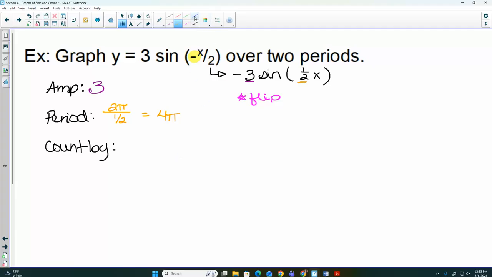That means when I go from 0 to 4 pi, I will have one complete cycle of my graph. We are trying to break it up so we can put the nice points on our x-axis that would give us our high and low points. To do that, we always do our period and divide it by 4 for the 4 quadrants. And so when we do that, we get pi.